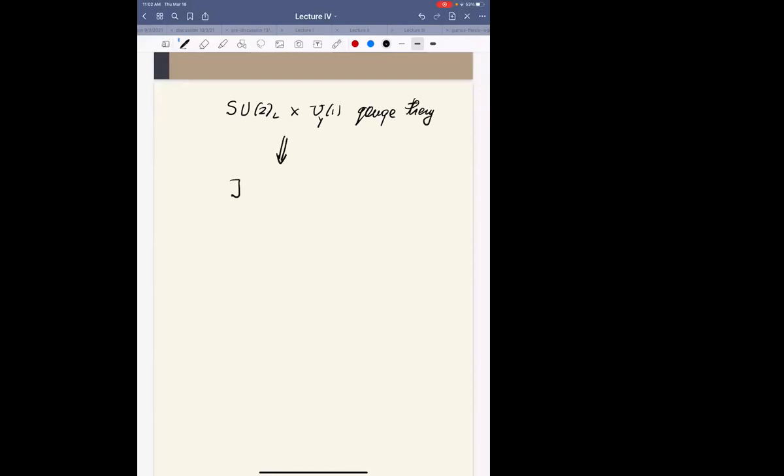There is a W boson and it couples like this. Every up component couples to the down component here, with coupling G prime.